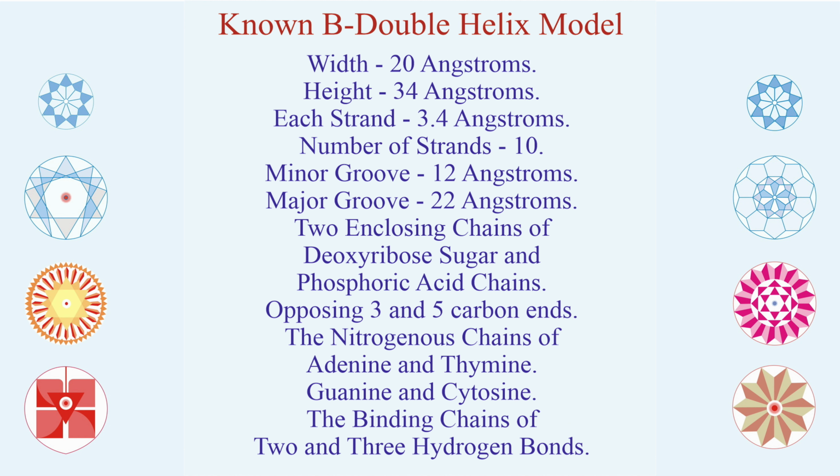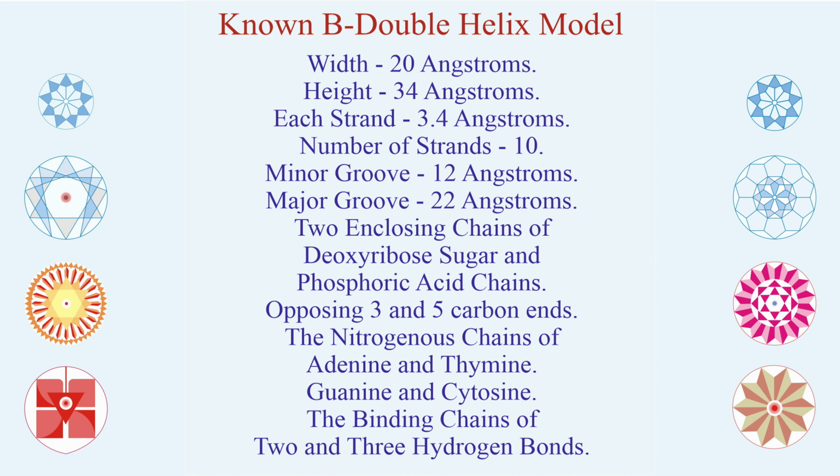Now, let's talk about what they described as the B double helix known to the world: the width is 20 angstrom, the height is 34, each strand is 3.4, the number of strands is 10, the minor groove is 12, and the major groove is 22.